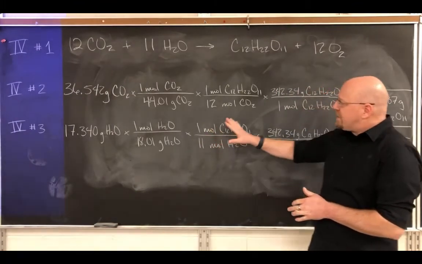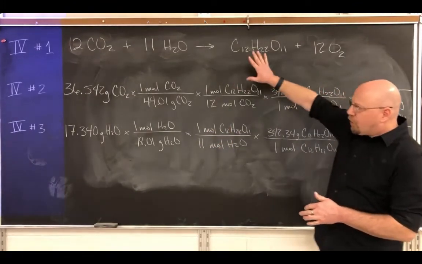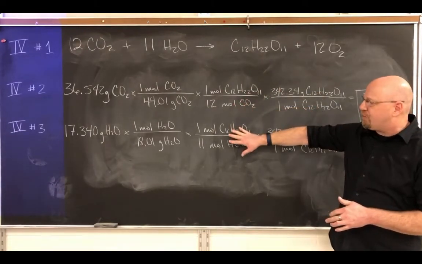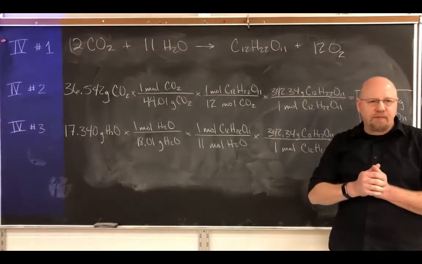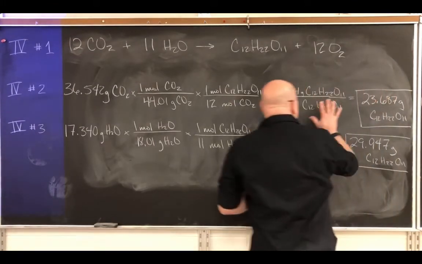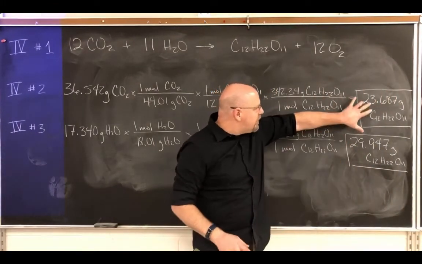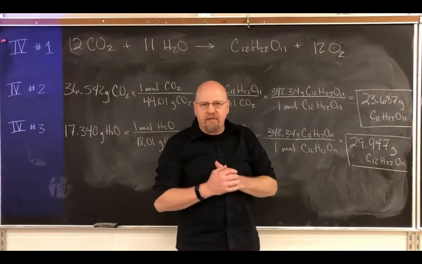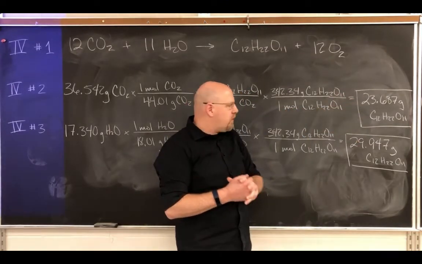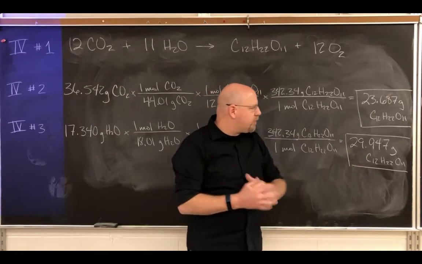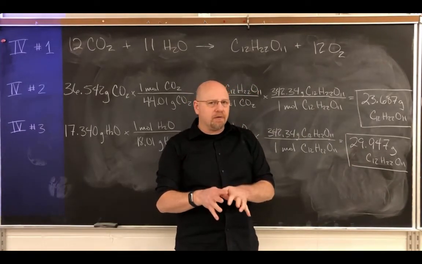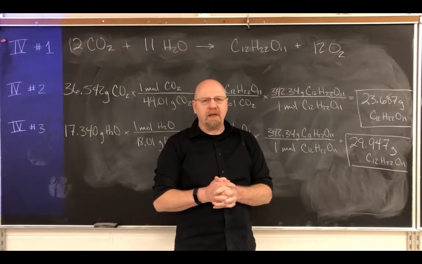For example, this is the work for part 4, question number 1, the reaction 2 and 3, where stoichiometry is being asked to be done. In both of these problems, the answers I have, 23.687 grams of sucrose and 29.947 grams of sucrose, are the theoretical yields based on the question being asked.